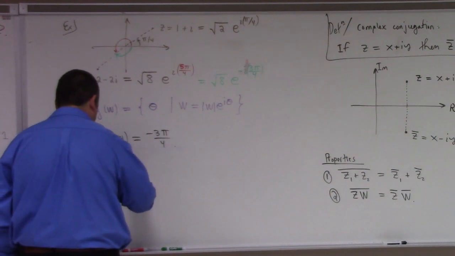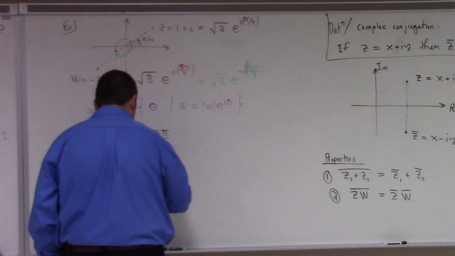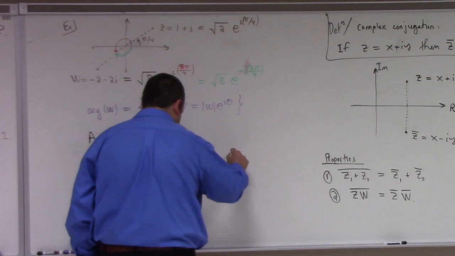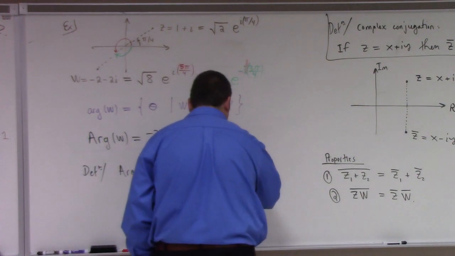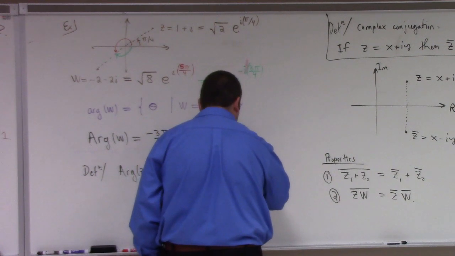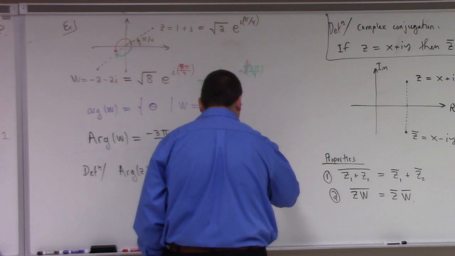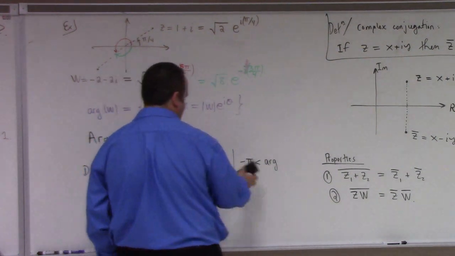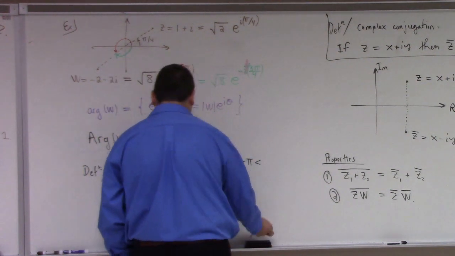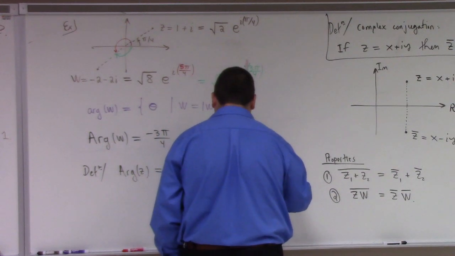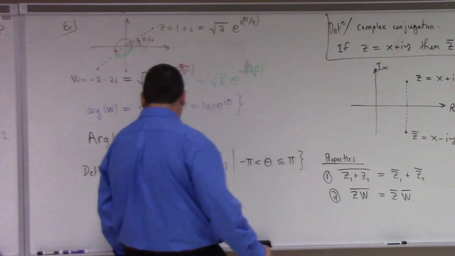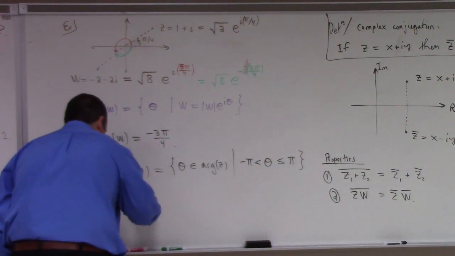Arg of z is equal to theta in big Arg of z such that minus pi, not included, is less than theta, less than or equal to pi. This is also known as the principal argument.